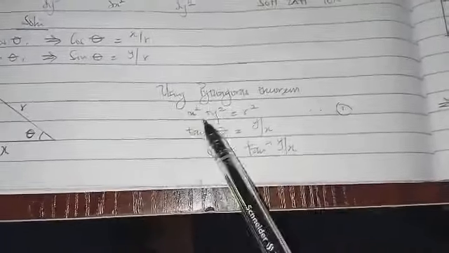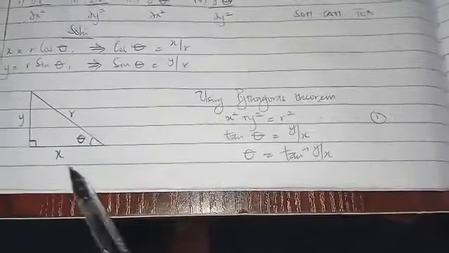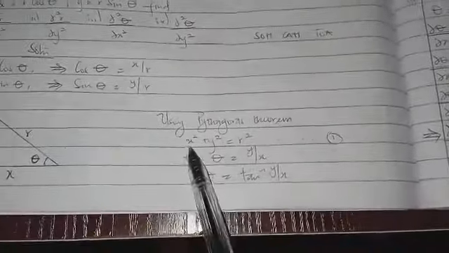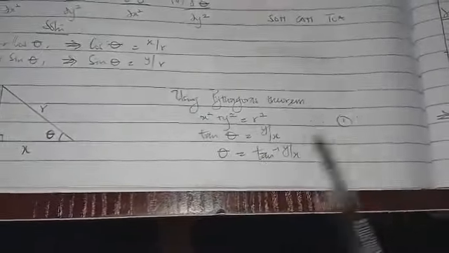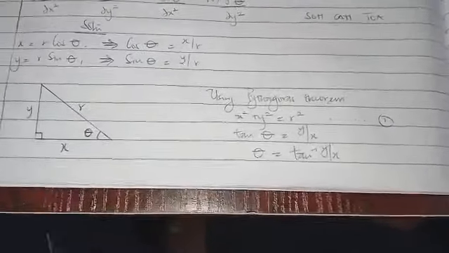So by Pythagoras theorem, the sum of the squares of the other two sides is equal to the square of the longest side. That's as much as you need to know concerning Pythagoras theorem. So you have x squared plus y squared is equal to r squared. Call it equation 1. From here, tan theta is equal to y over x.